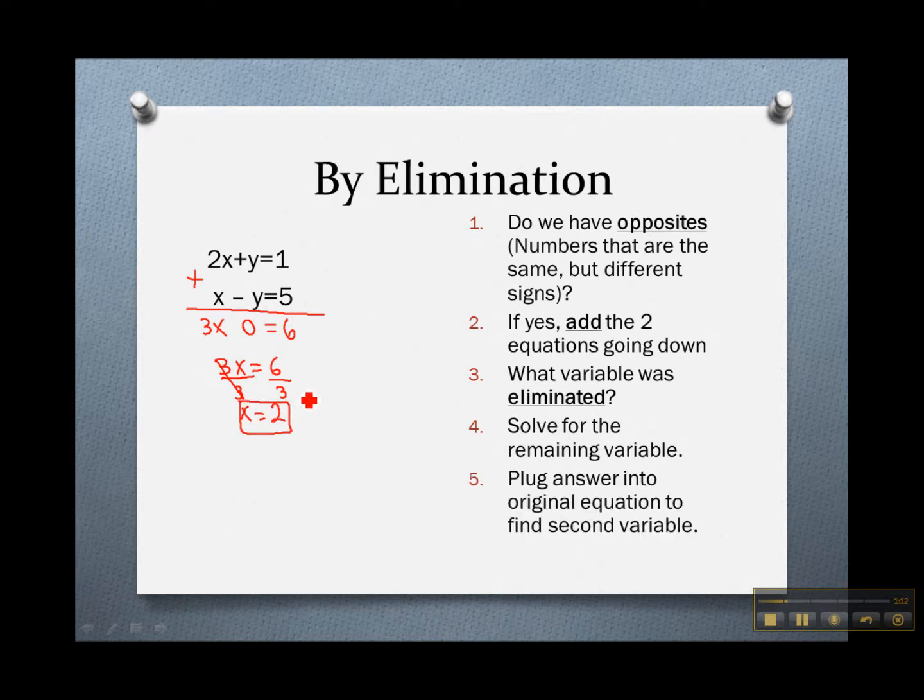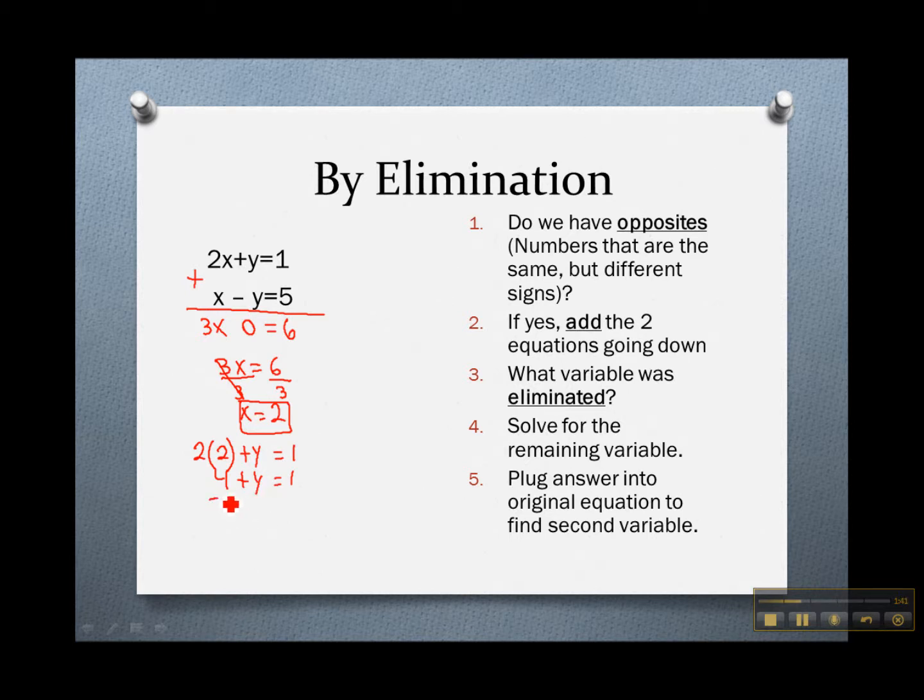And now finally you're going to plug in the answer into the original equation to find the second variable. So these two I'm going to plug in here for x to find y. So I'm going to say 2 times, instead of x, I'm going to write 2 plus y equals 1. 2 times 2 is 4 plus y equals 1. And all I need to do now is solve for y.